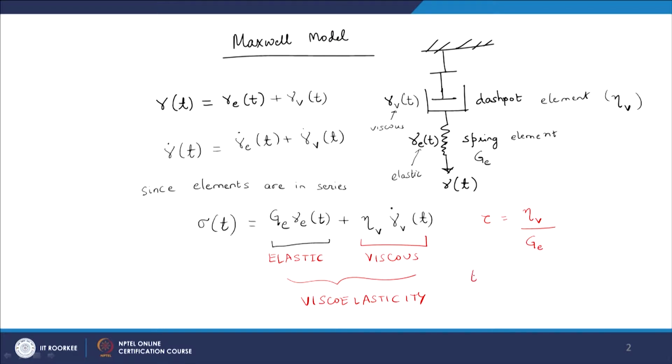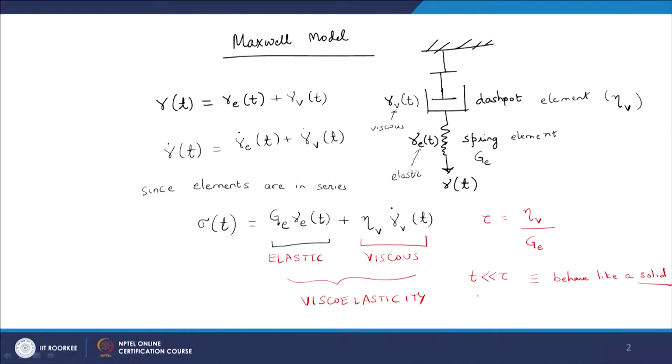And what we are going to elaborate is, if t is much smaller than tau, then the material would behave like a solid, which has to be the case because solids have infinite viscosity, and if t is much higher than tau, then this would behave like a liquid.